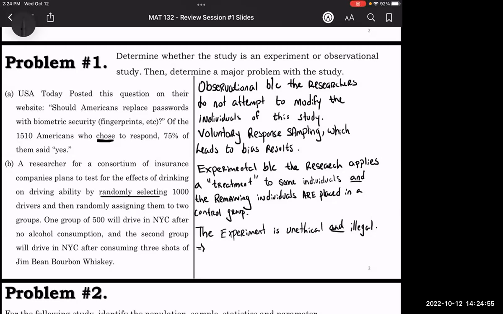Yeah. When you say underage, you mean under the age of 21? Yes. Well, the problem never specified whether or not these individuals were underage. But more importantly, it's illegal and unethical because, again, it can cause injury or possibly death to innocent people.